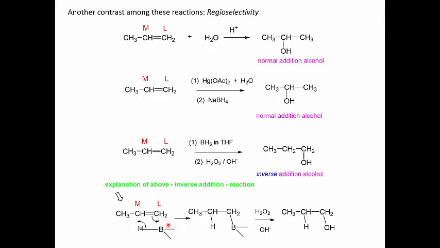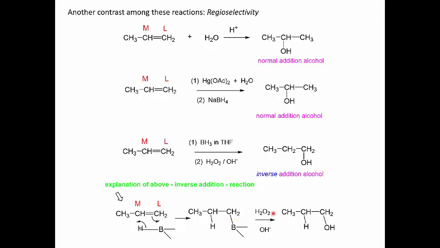So following the ELNM rule, boron the electrophile bonds to the L carbon, shown here, and hydrogen, the nucleophile, bonds to the M carbon, shown here. This results in the formation of this organoborane product.